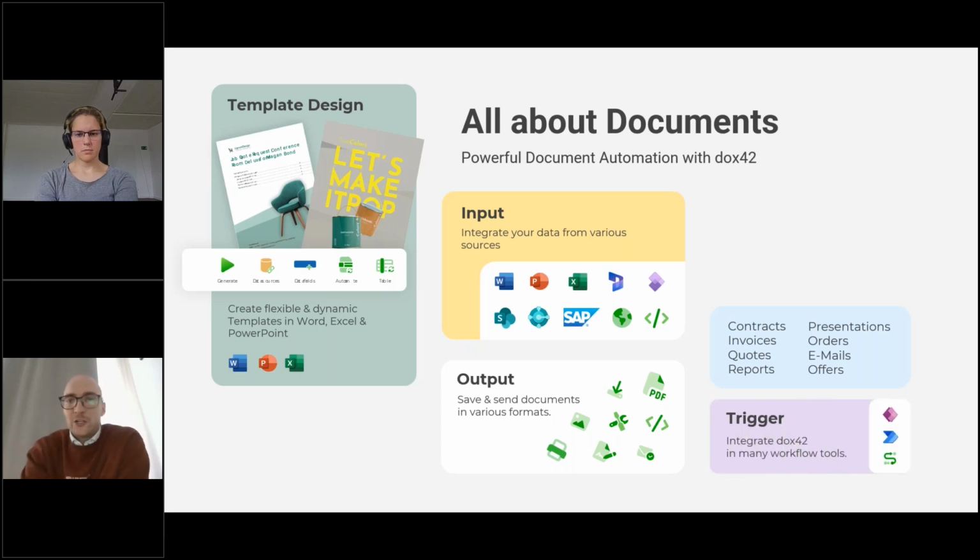Now you can trigger this generation. Perhaps also here as background, Docs42 is really a web service, and this web service you can of course access from different tools. Power Automate is one example, but there are various different automation tools.